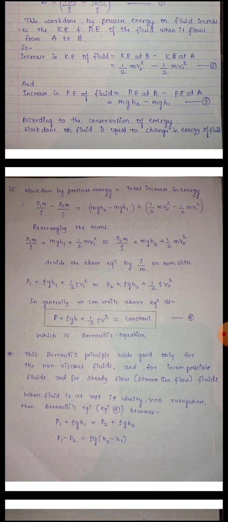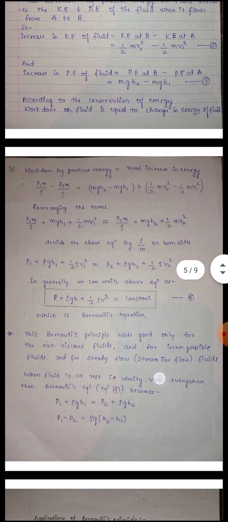As energy conservation is used, it says that no energy is lost due to friction, but when fluids flow there will be a loss of energy due to internal layer friction.